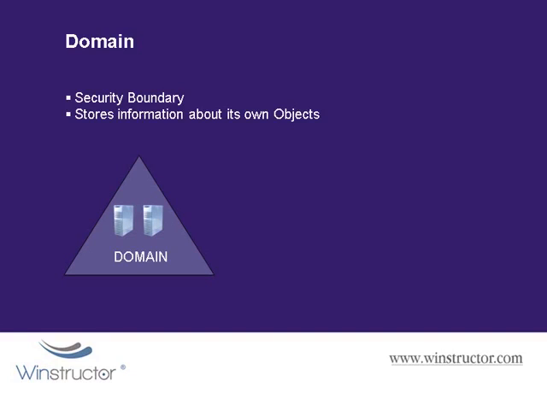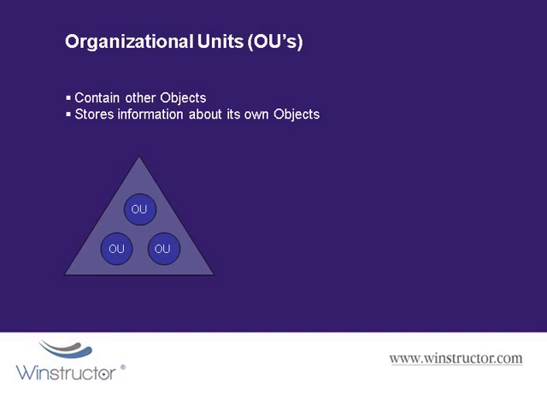So to create a domain, we are going to need at least one domain controller, or two domain controllers for redundancy in case one happens to be offline for any reason. These domain controllers keep a central list of user passwords and permissions that these users have to objects in the domain, and the domain stores information only about the objects that it contains.